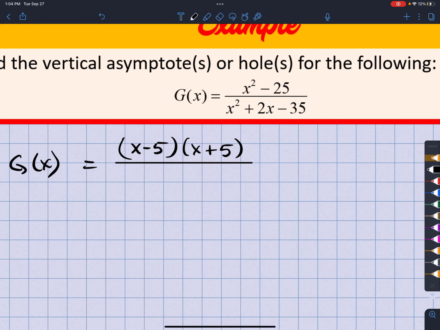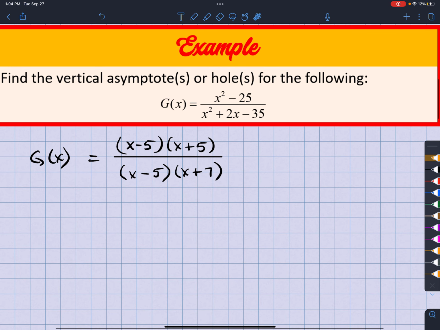The bottom is going to be an x minus 5 and an x plus 7. And if we check, negative 5 times 7 gives me negative 35. Outer is positive 7, inner is negative 5, adds up to a positive 2.